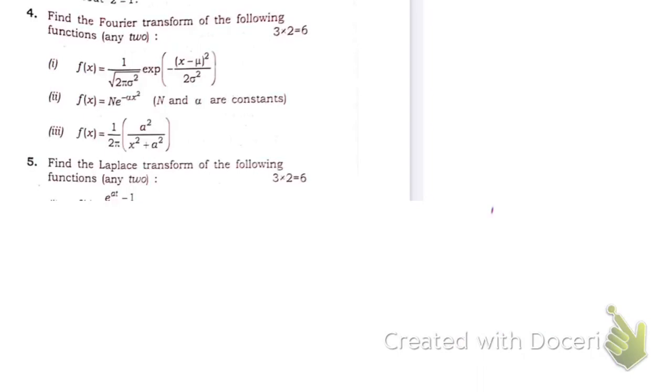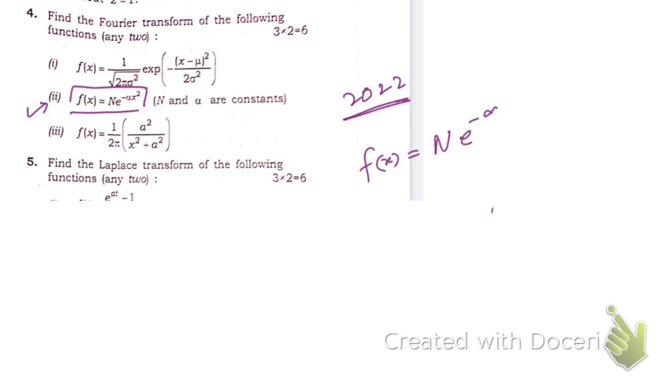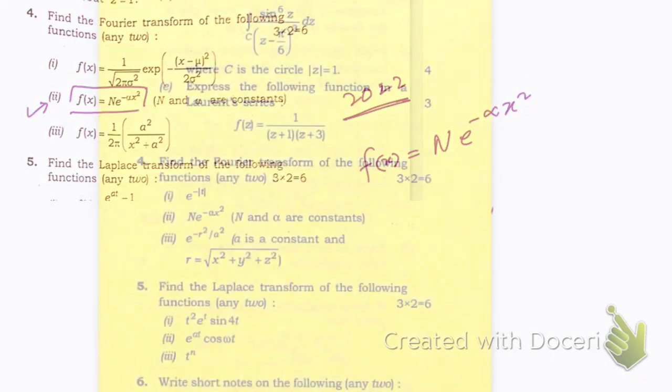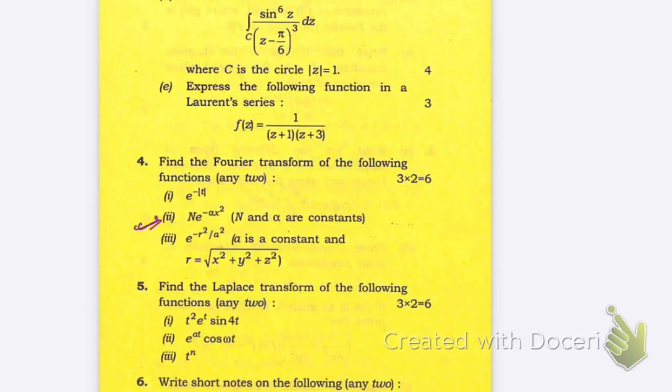So now let's solve question number 4. Actually this one also we have done in the 2022 paper. This question was asked, Fourier transformation of the function n into e to the power minus alpha x square. Let me show you that question. You see, this is the same question, n into e to the power minus alpha x square.